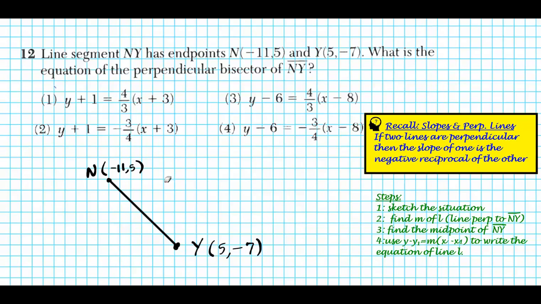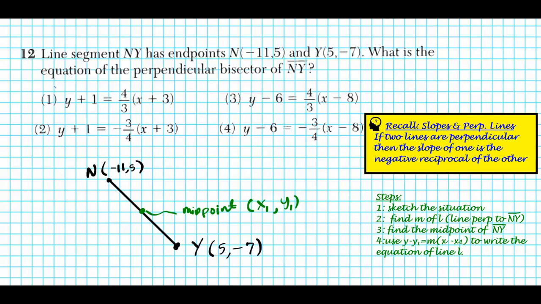What are we looking for in this problem? We're looking for the equation of the line that bisects this segment. So let's say this is the midpoint here. This is M, the midpoint. Let's call it (x1, y1).